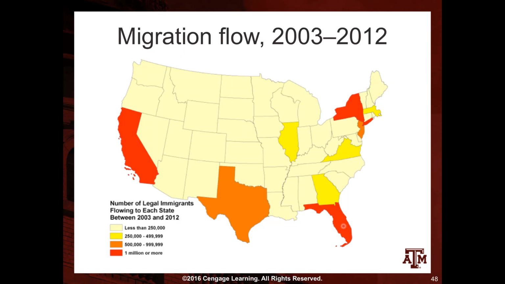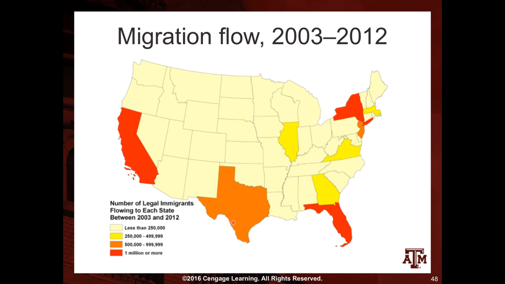This map here shows the migration flow of the number of legal immigrants flowing to each state between 2003 and 2012. And these numbers are in absolute numbers. So we see California and Florida, for example, and New York State as well, receiving at least 1 million immigrants between 2003 and 2012.